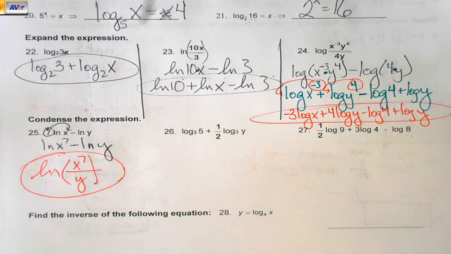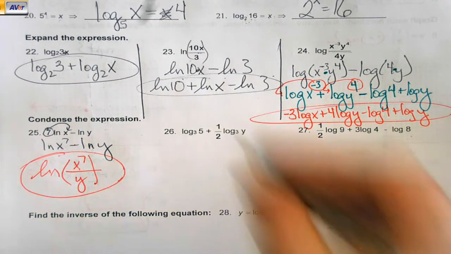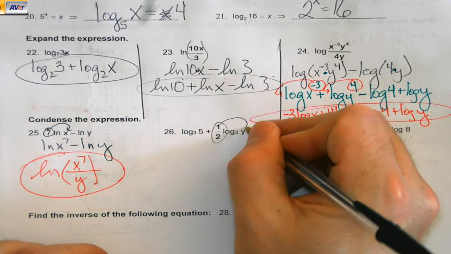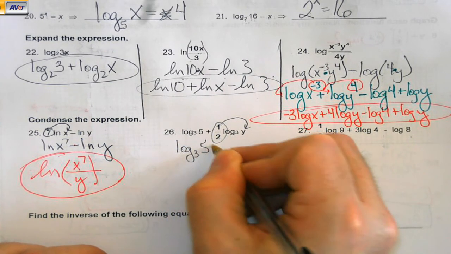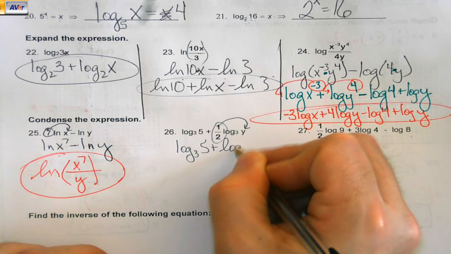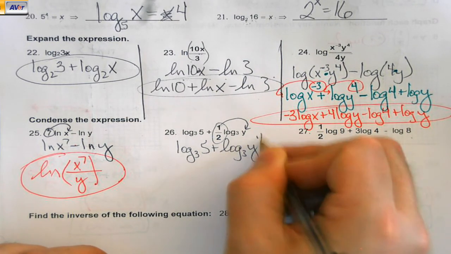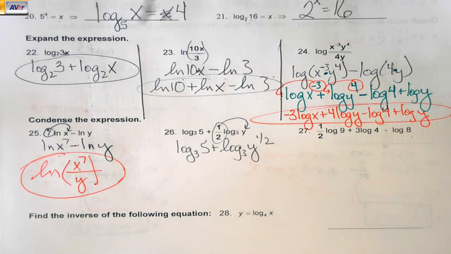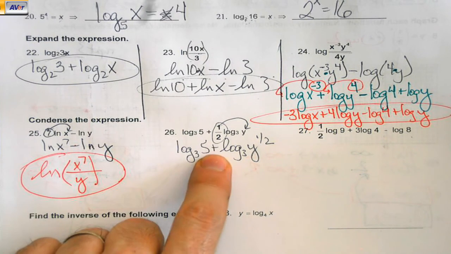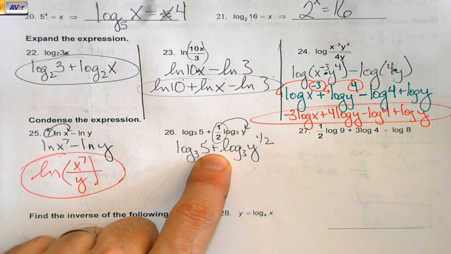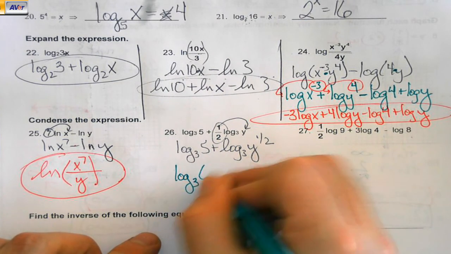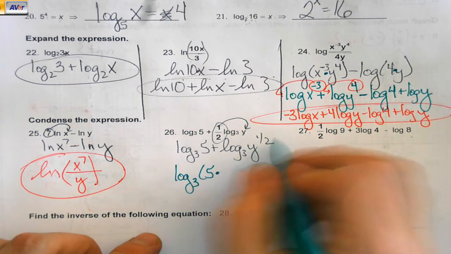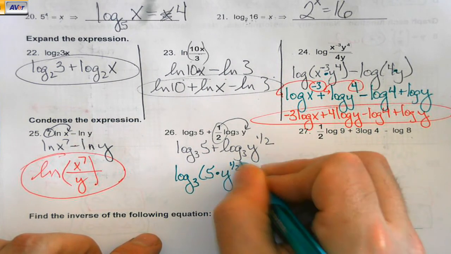Condense, single logarithm. And again, I just keep continuing with those steps. Coefficient becomes exponent. Plus is my product, so plus becomes multiply. 5 times y to the 1/2.